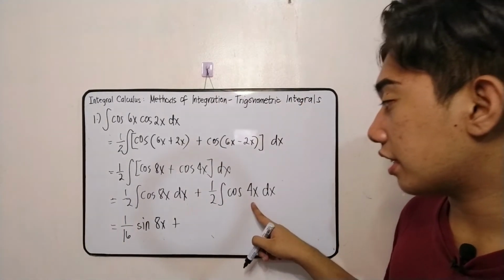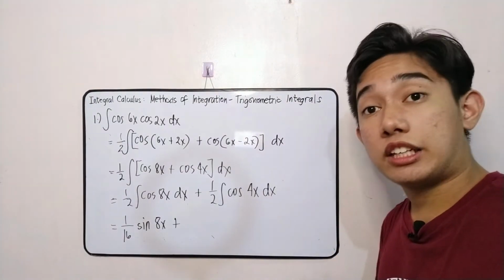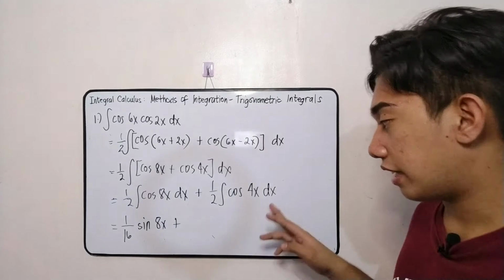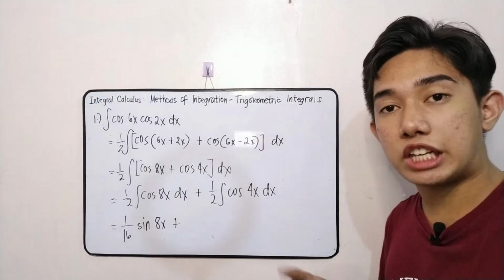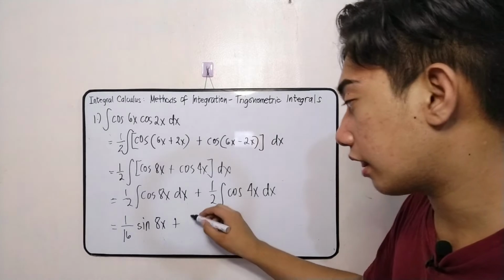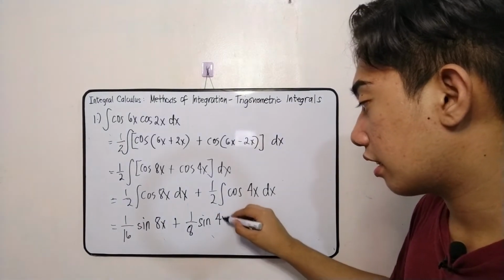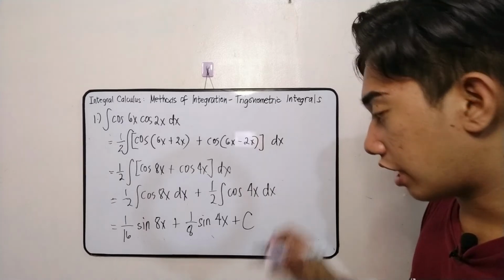Plus, for this case, let u be 4x, then du is equal to 4 dx, so 1/4 du is equal to dx. Then you multiply by the constant and integrate, and you will get 1/8 sine 4x. Then adding the constant of integration, we get plus c.